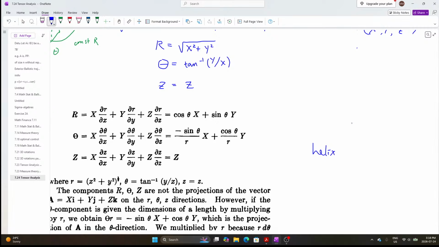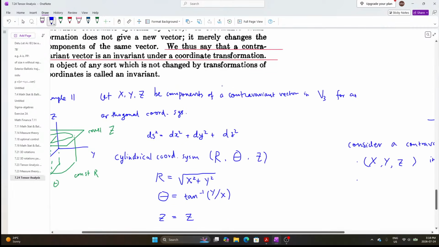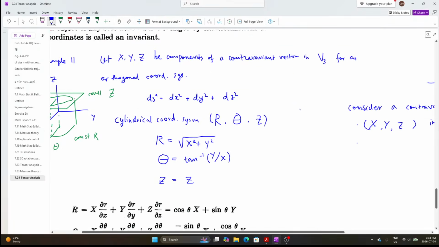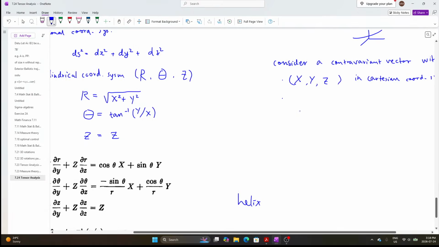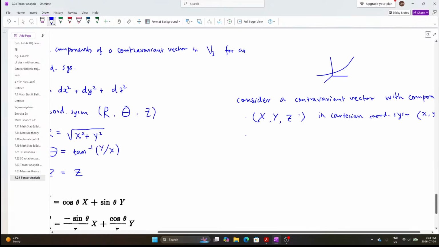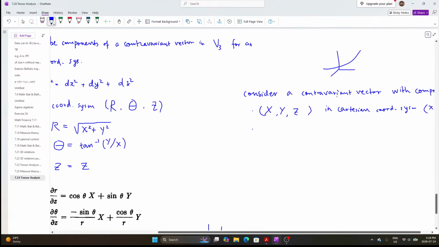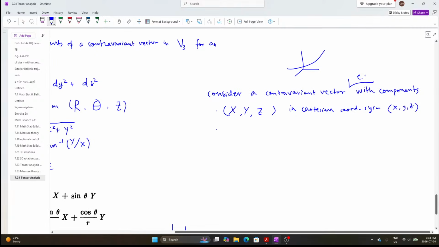You can do kind of the same process we did for 2D, and I think much of the calculation would be identical. So consider once again a contravariant vector, for example, a tangent vector, like the velocity vector.